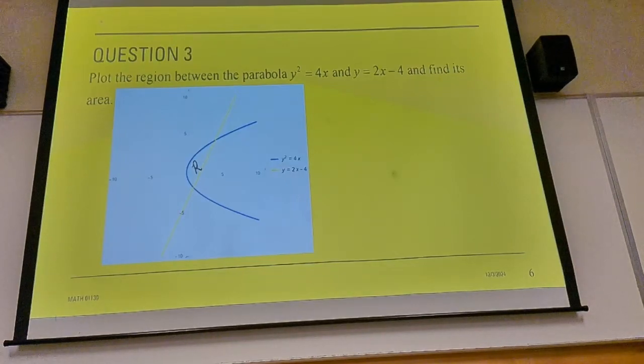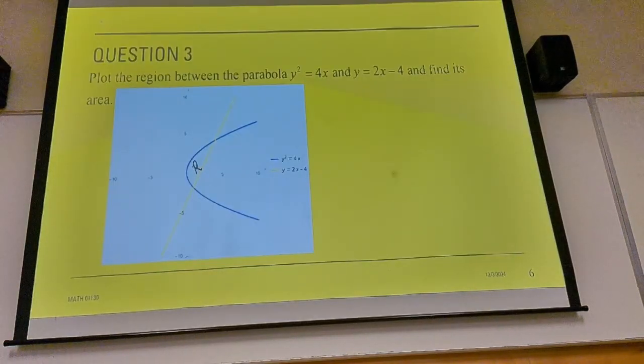You select x instead, as opposed to y, because we're on the y. You could. Did you set 2x minus 4 equal to square root of 4x and negative square root of 4x to find the top and bottom intersections?